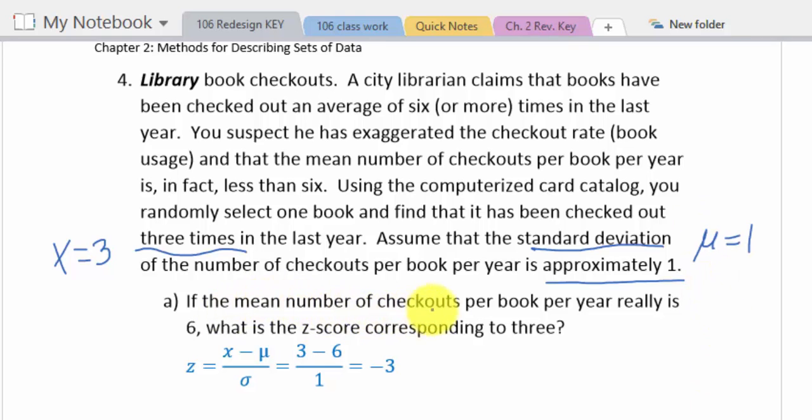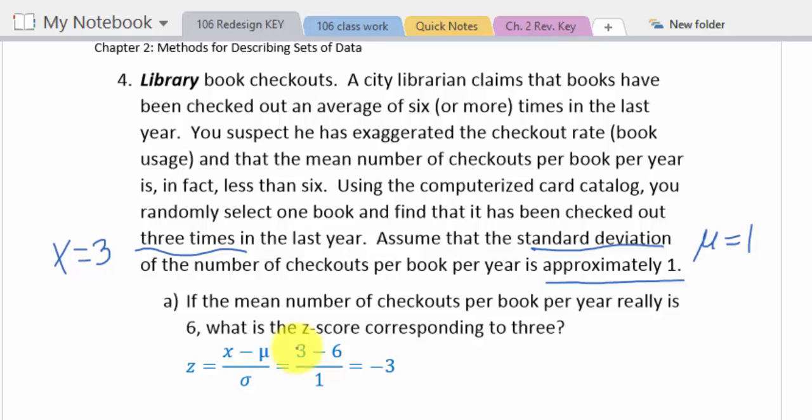So if the mean number of checkouts per book per year really is 6, what is the Z-score corresponding to 3? So Z would be equal to X value minus mu, which is our mean of the population, divided by sigma. That's our standard deviation for population.